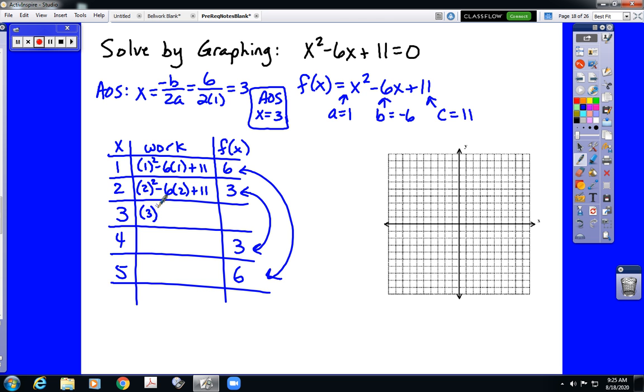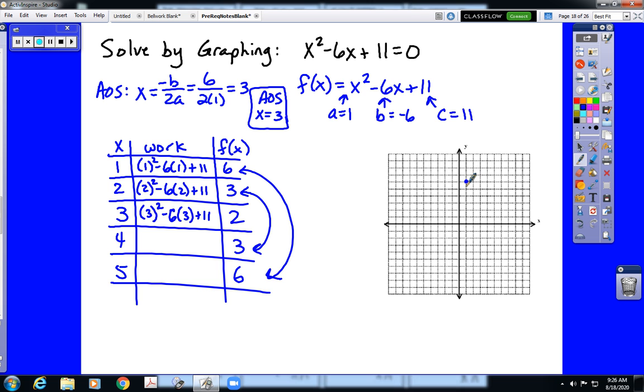And plug in 3. 3 squared minus 6 times 3 plus 11 is 9. Minus 18, which is negative 9, plus 11 is 2. Graph those points. We have 1, 6, 2, 3, 3, 2, 4, 3, and 5, 6. Smooth curve through those points.